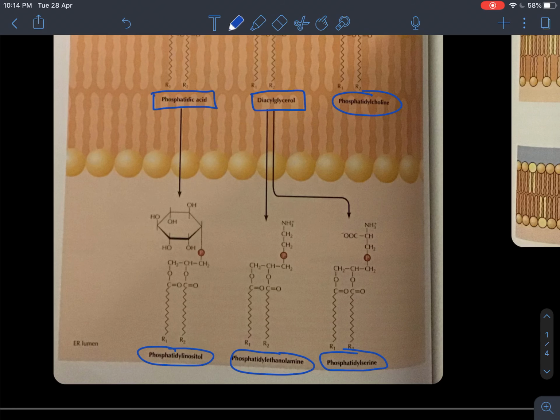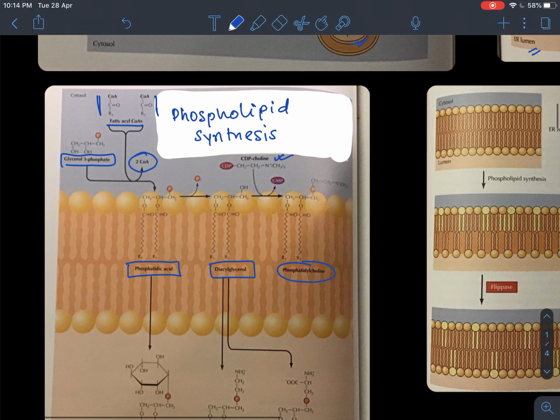So the thing is, we have two fatty acyl CoA and we have one glycerol 3-phosphate. Two CoA groups will be removed and two fatty acid groups will be added to the glycerol 3-phosphate. So that's why this is called glycerol phospholipid.